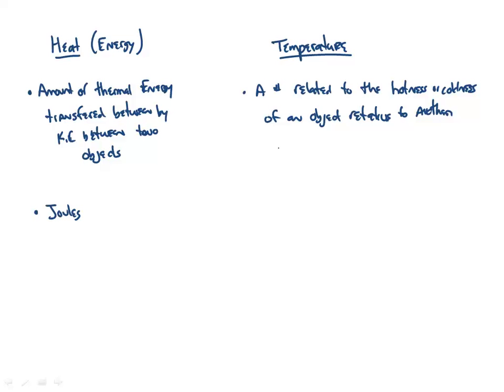And what it's actually related to, or it's kind of proportional to, is the average kinetic energy of an object. And of course, temperature has units that we're familiar with: degrees Celsius, degrees Fahrenheit, or Kelvin. And we'll stick with degrees Celsius or Kelvin.